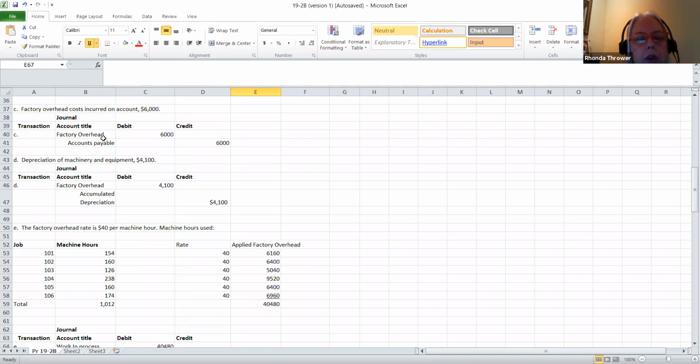Since factory overhead is an expense account, it will be debited for the total amount of costs that we have incurred. Our accounts payable, which is a liability account, would be increasing for the 6,000. And this is how we would do the journal entry for transaction C.